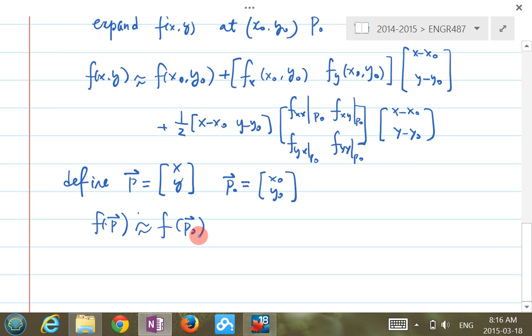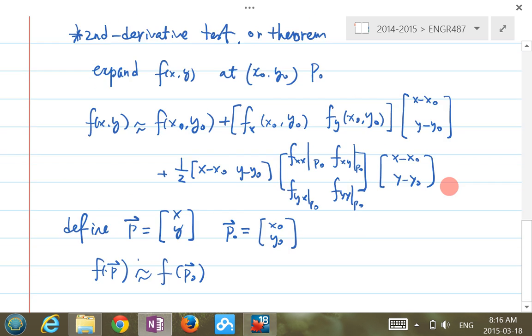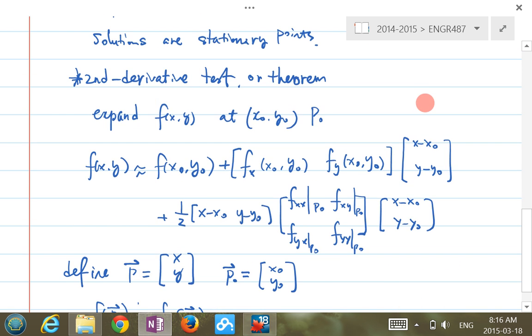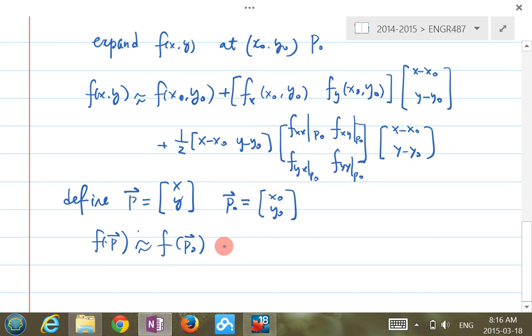And this is a gradient vector, but my gradient vector is defined as a column vector, so this is essentially the transpose of the gradient vector at the p naught location. Then times this, which is basically p minus p naught, right?